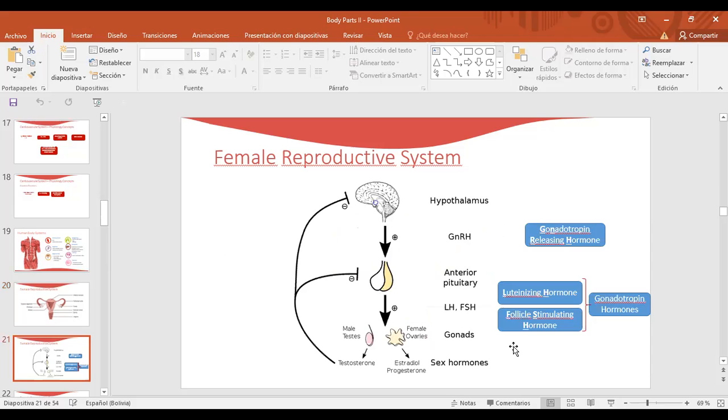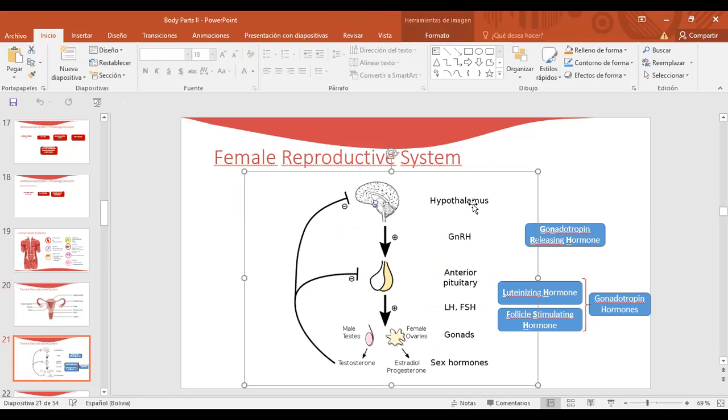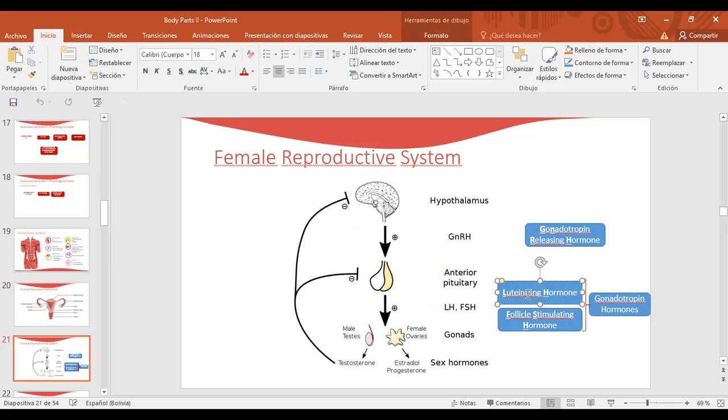Anything else here? No. Okay, what about this one? I think all of it. Really? Could you read this for me? Hypothalamus. Great. Some people had some problems with this word also.